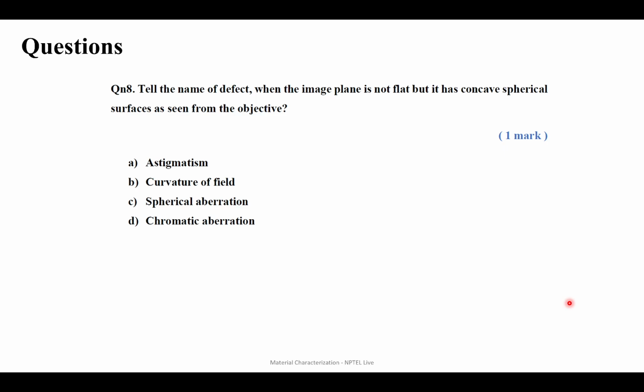Tell the name of the defect where the image plane is not flat but has concave spherical surfaces as seen from the objective.